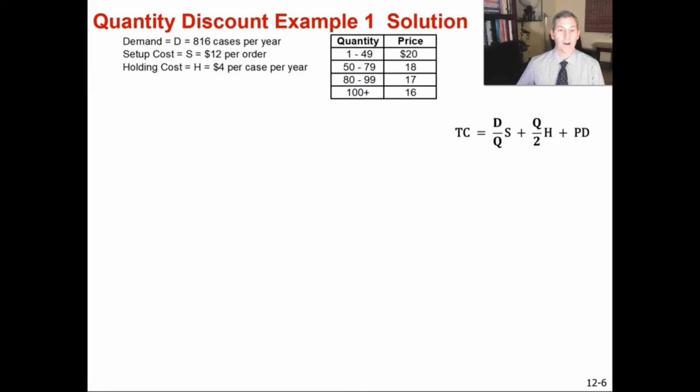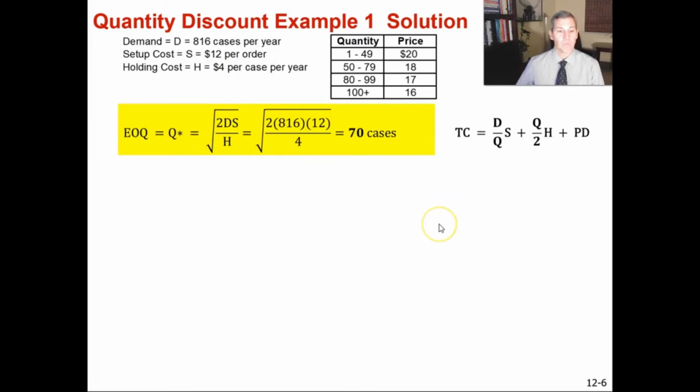So let's calculate our economic order quantity. We've been doing this a lot together in the last couple of videos, so I'm not going to linger on this. But your economic order quantity is 70 cases per order. Now, before I move on, you've calculated your economic order quantity to be 70 cases.